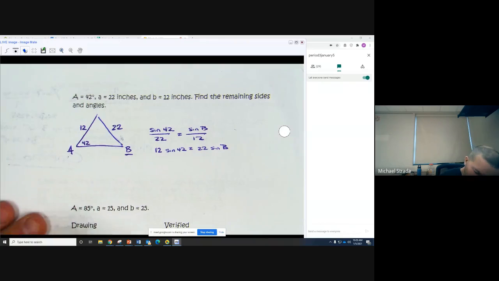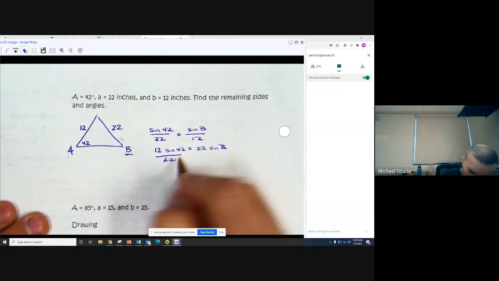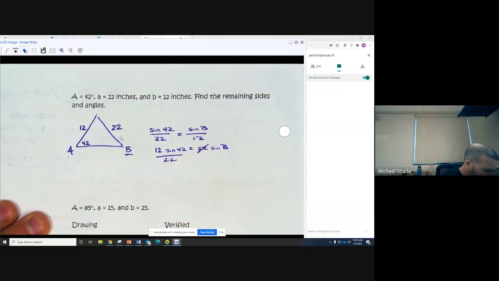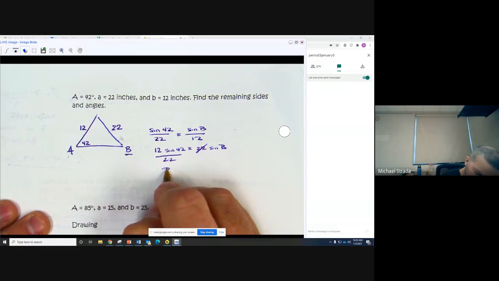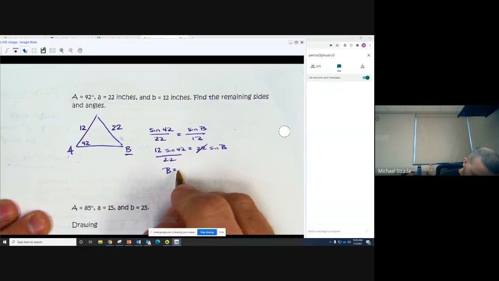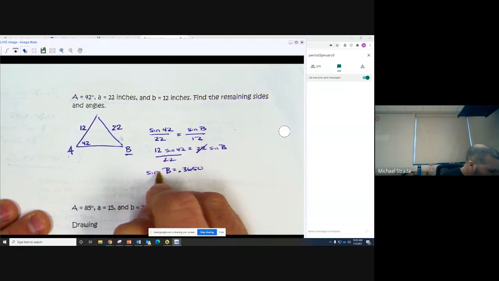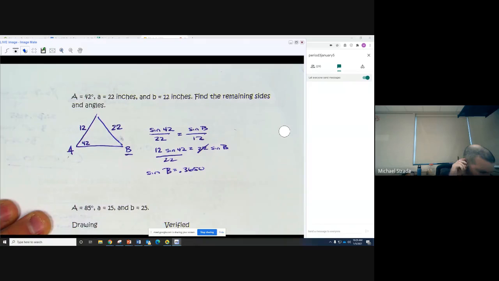We get that by cross multiplying. We would then divide by 22 to cancel out the 22. And we do that math, and the sine of B equals 0.3650. All right.